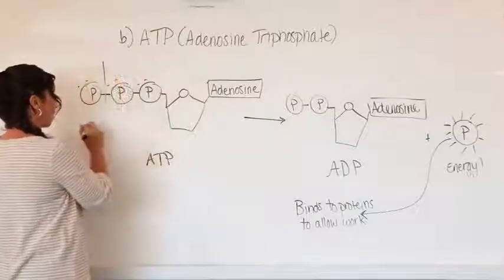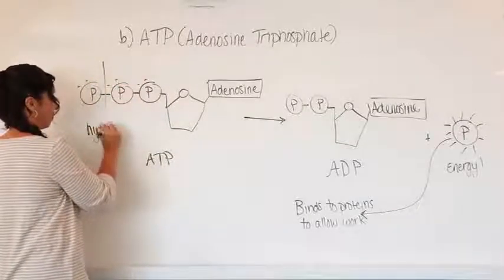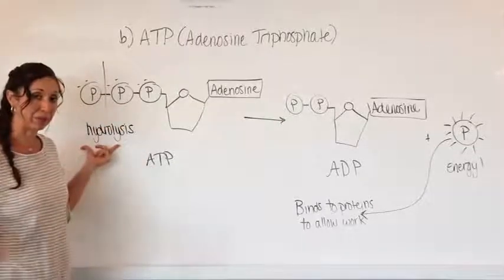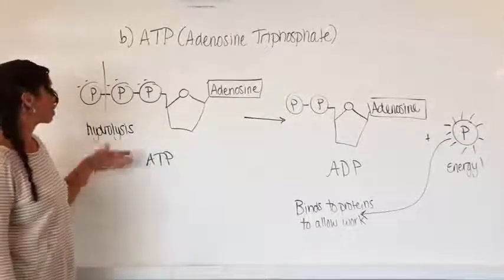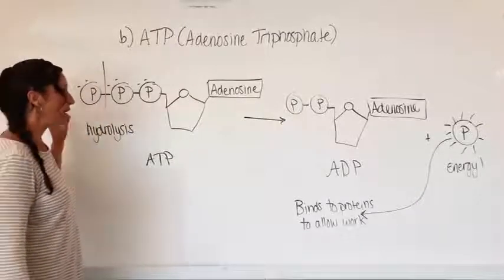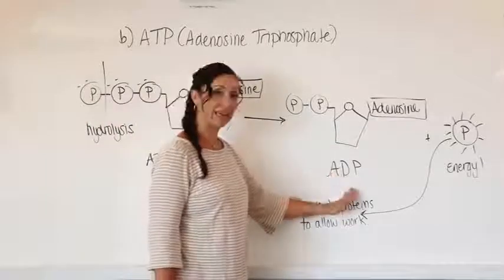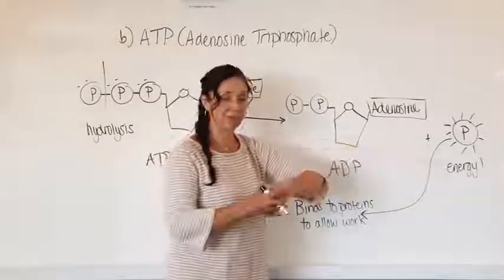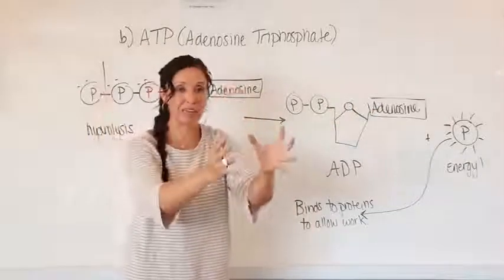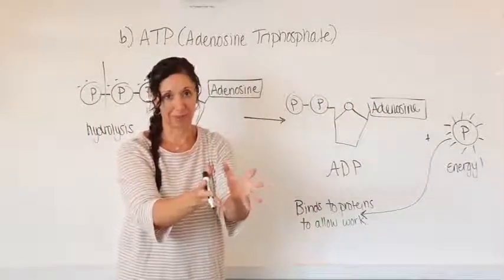This whole process is hydrolysis. So when we say we hydrolyze ATP, we do a hydrolysis reaction. Some water comes in and goes cut right here. It cuts off that phosphate, turns that ATP into ADP, and releases that phosphate that's full of energy. That phosphate now finds a protein to go help it do its work.